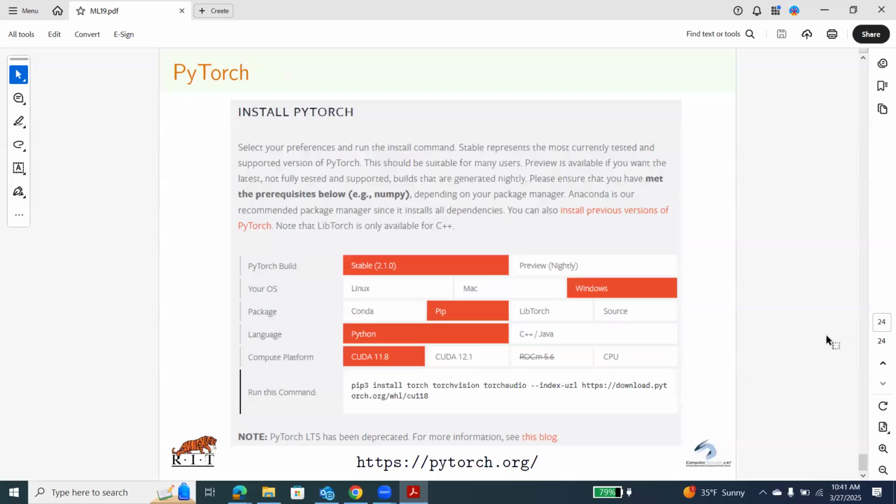Okay, so we will use the PyTorch installed on Google Colab.